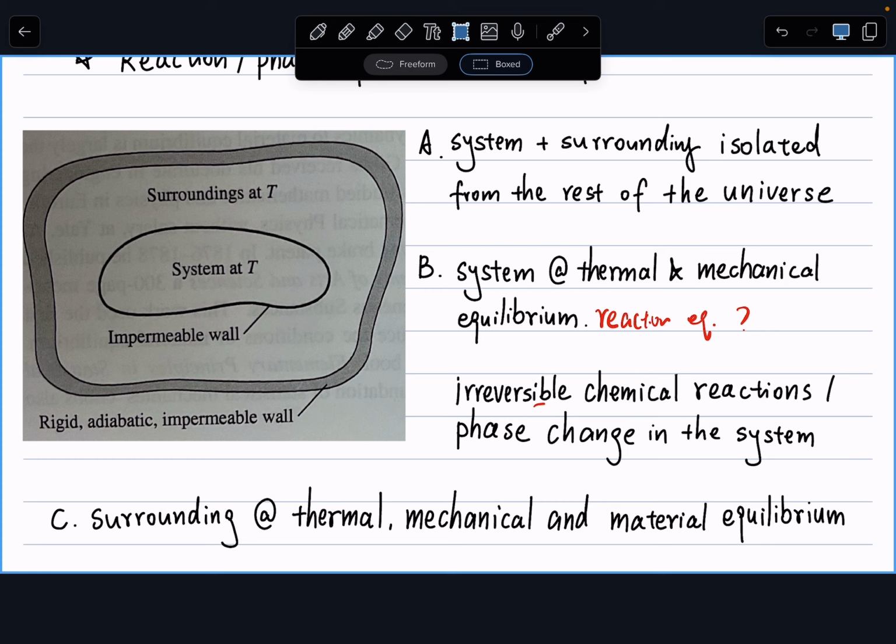So the first one, we say that the system and the surrounding are isolated from the universe. So what does that mean? In this case, thinking about only heat transfer taking place between your system and surrounding, and that separating wall, the impermeable separating wall is also rigid, it's not moving.